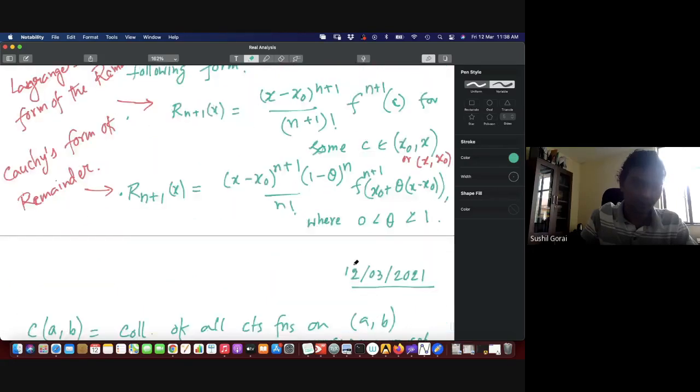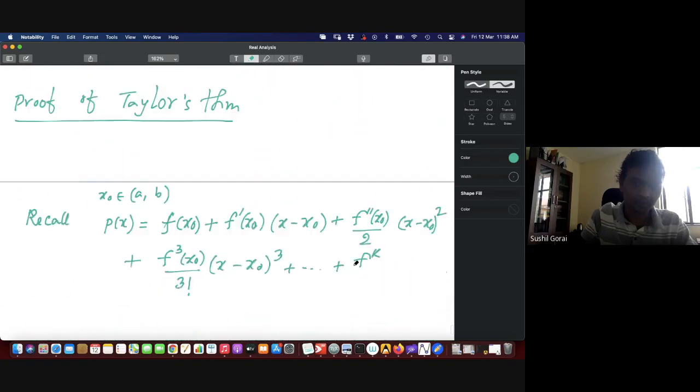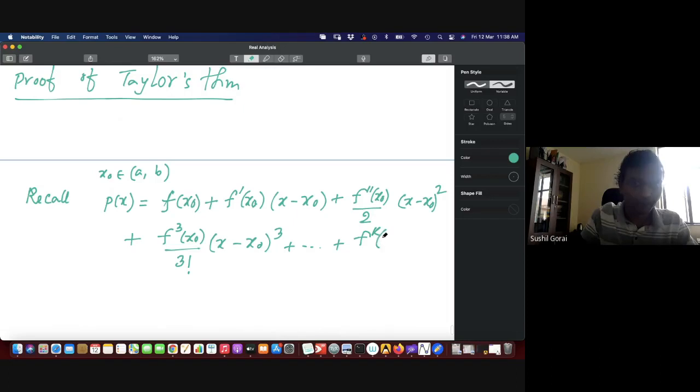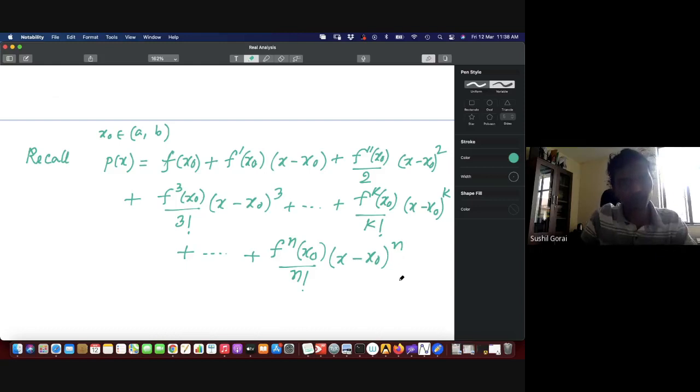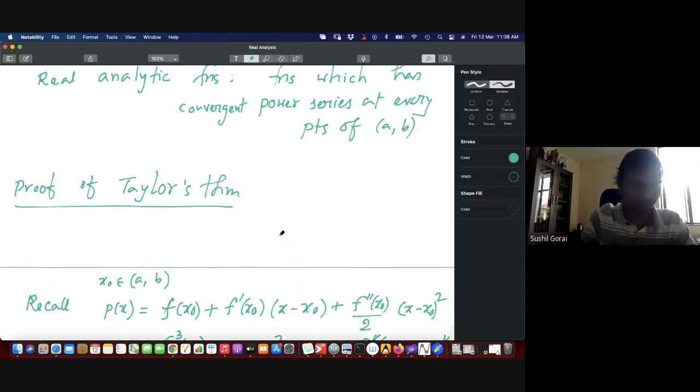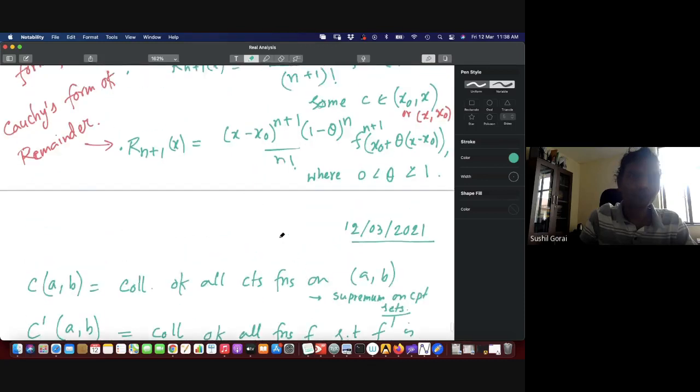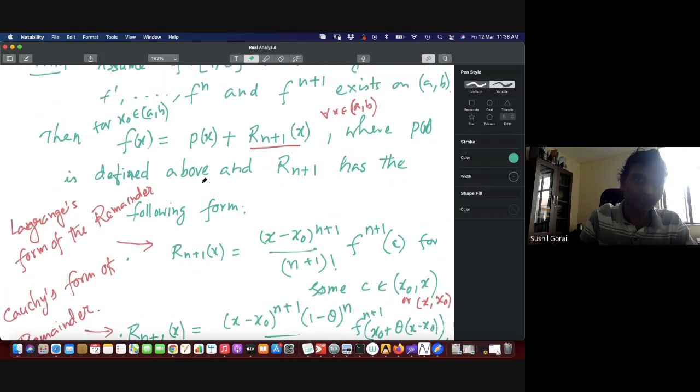We can take the kth term f^k x naught by factorial k times x minus x naught power k, and the last term is f^n x naught by factorial n times x minus x naught power n. Alright, so this is Px, and we want to find actually R n plus 1 x.